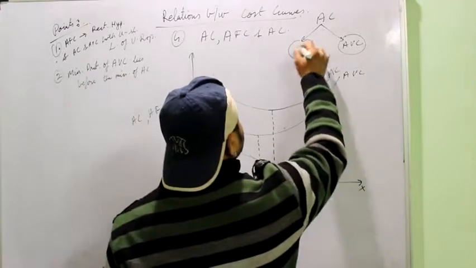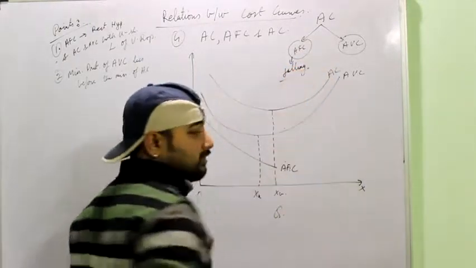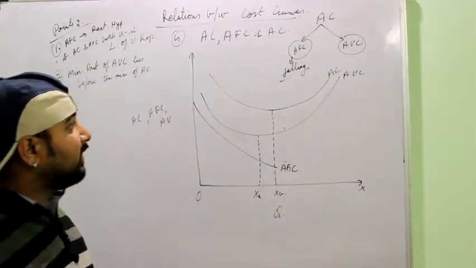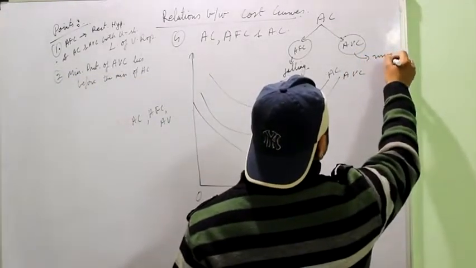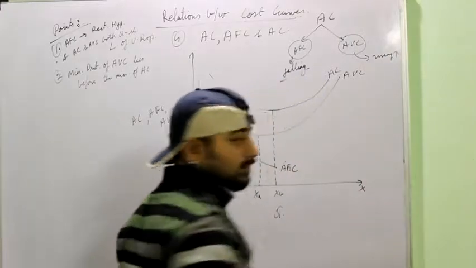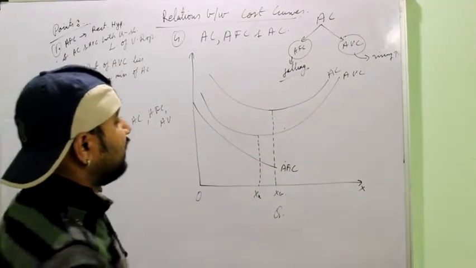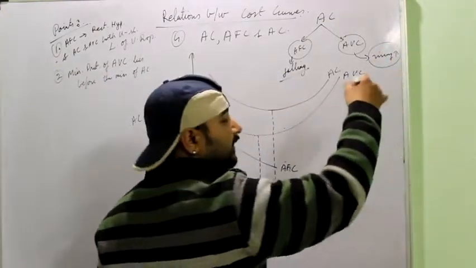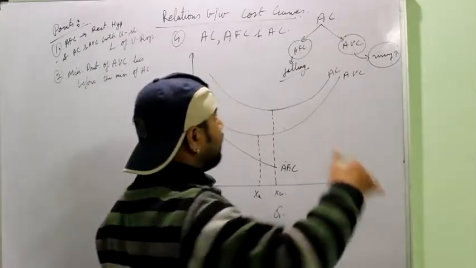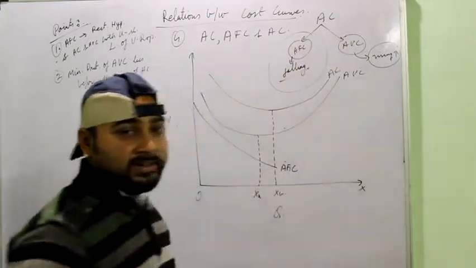Here you have a component which continuously falls, which is continuously decreasing, and here you have a component which starts rising after a certain point. It is rising. So what happens when you talk about AC? As soon as ABC starts rising, AC should also start rising, but there is one thing which is helping it to fall, that is the falling AFC.